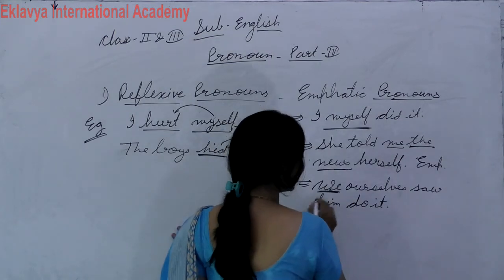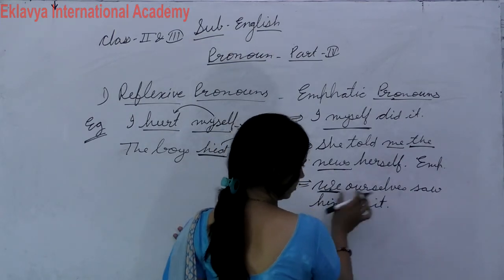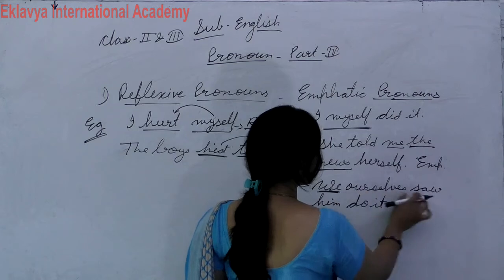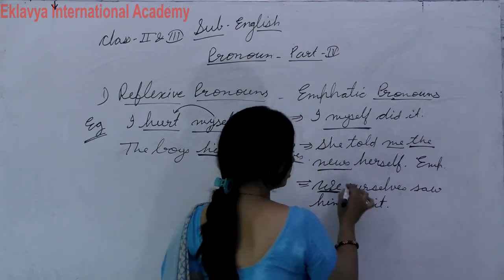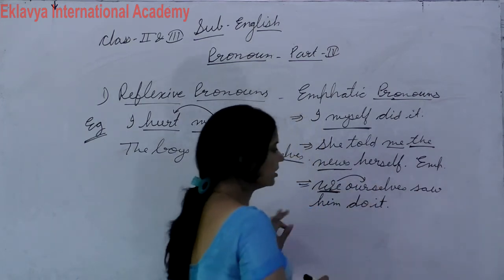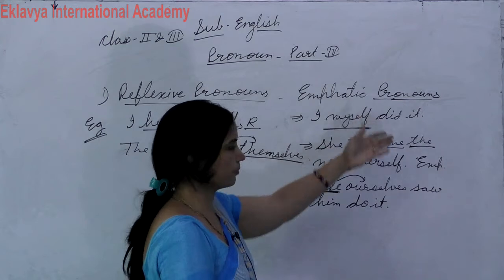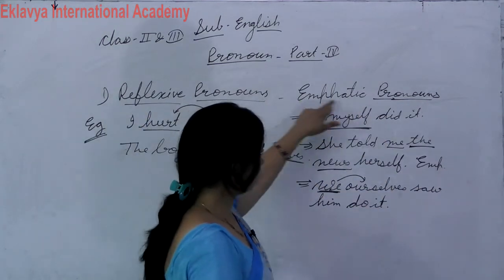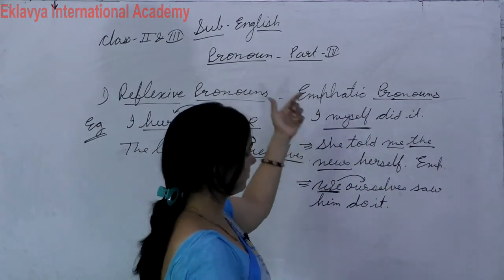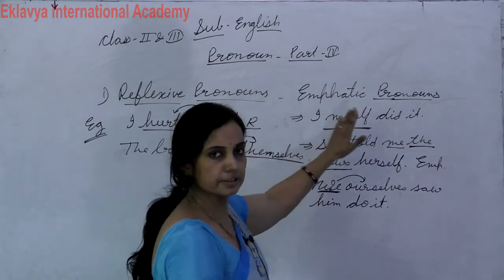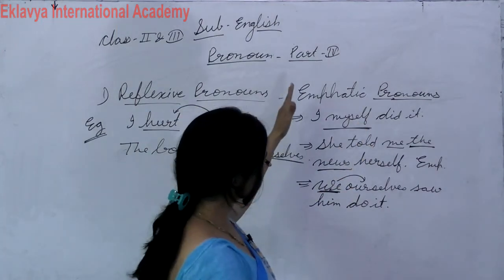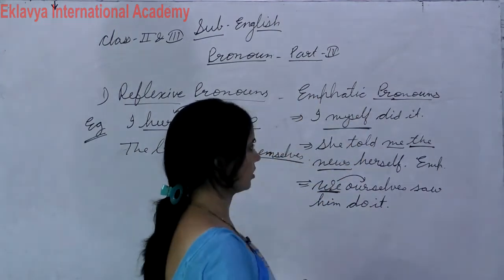We is plural, so we will use ourselves. Here it is being used after the subject, so this is the emphatic pronoun. By this name it means it is emphasizing the subject, so this is an emphatic pronoun.